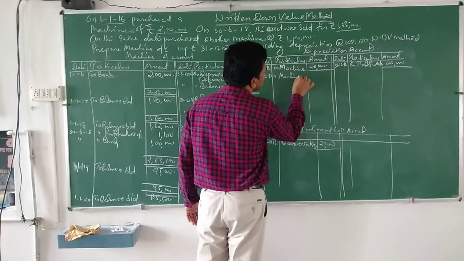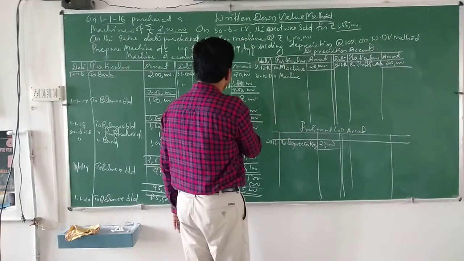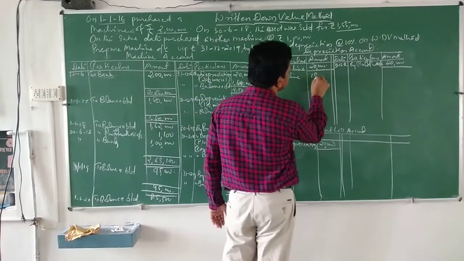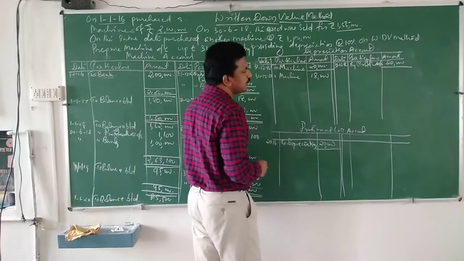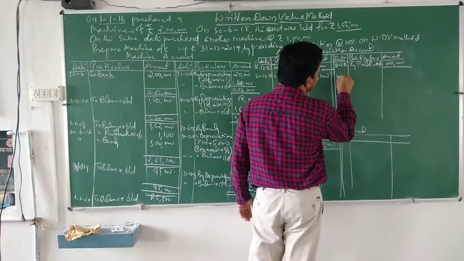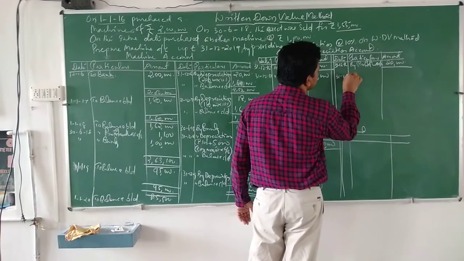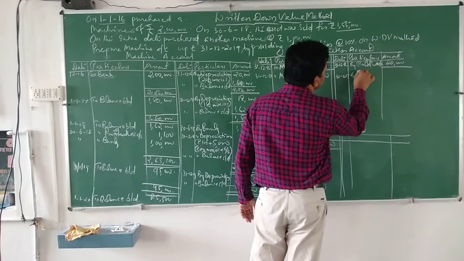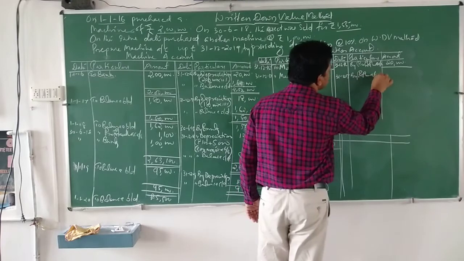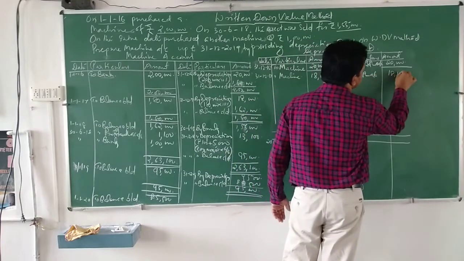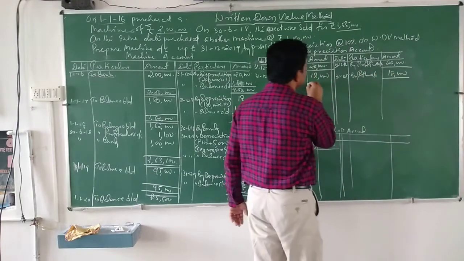How much? Next year 18,000 will be written. In the same way, 31 12 2017, by profit and loss account. How much? 18,000. That also is closed.